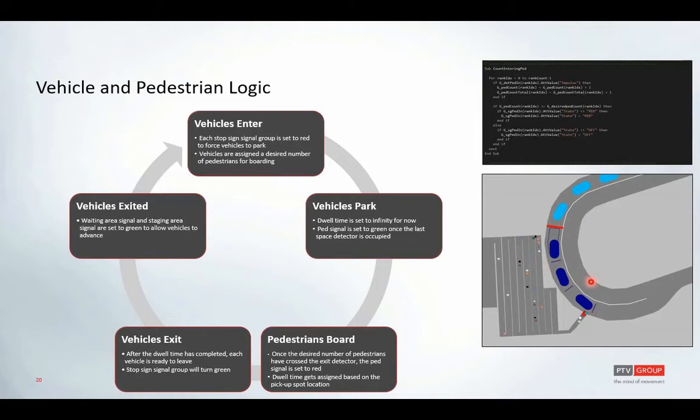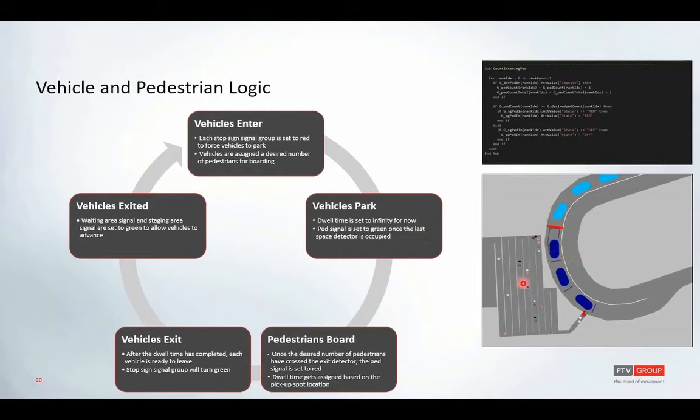And then once that vehicle has parked and we have this vehicle here on that last detector and it's considered occupied, then we'll set the dwell time on the stop signs to infinity just to get the vehicles to stay there. Otherwise, we'll update that dwell time later.